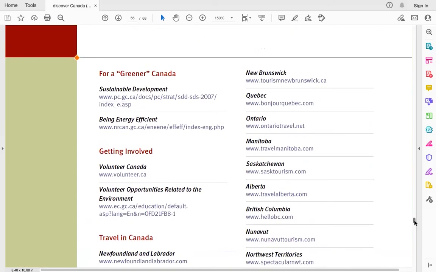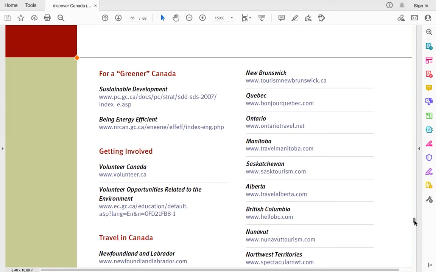New Brunswick, www.tourismnewbrunswick.ca. Quebec, www.bonjourquebec.com. Ontario, www.ontariotravel.net. Manitoba, www.travelmanitoba.com.